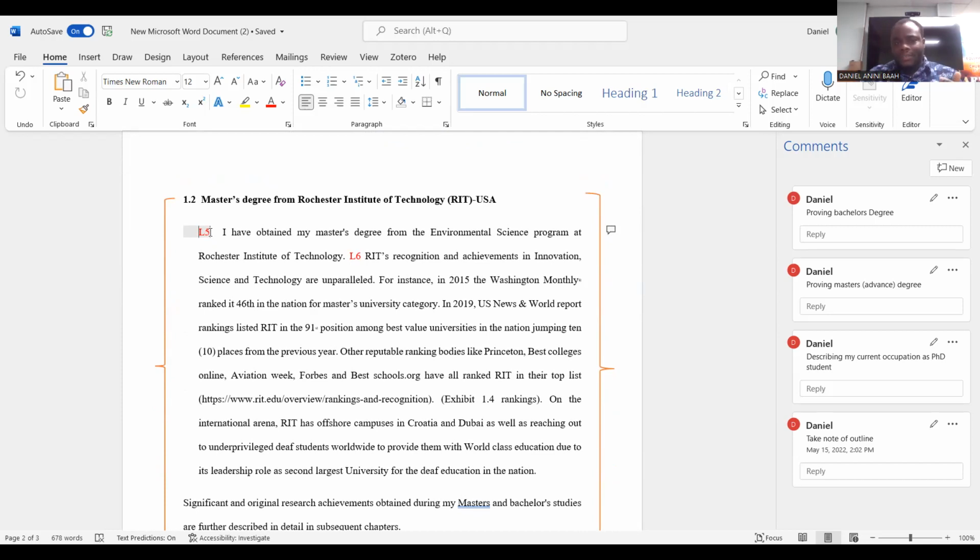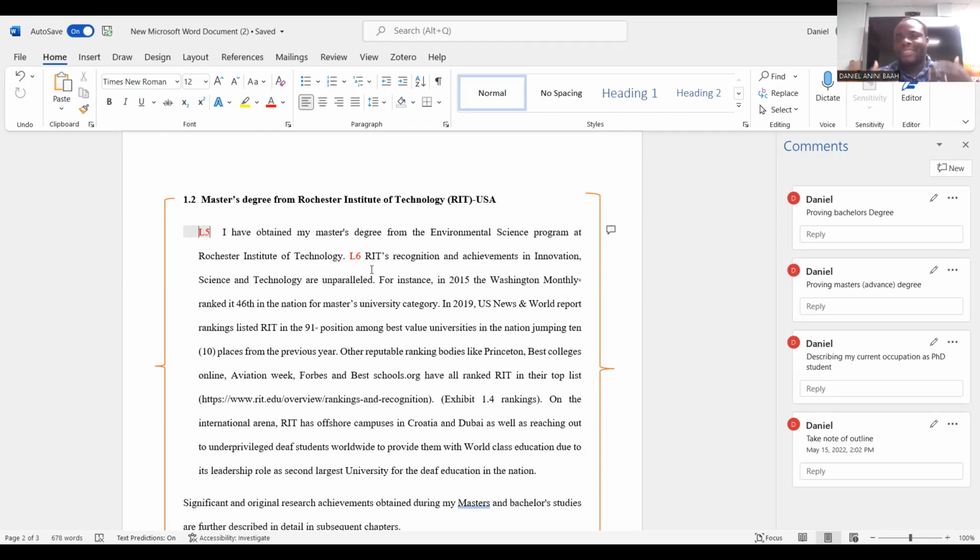RIT's recognition, if you look at line 6 coming, RIT's recognition and achievements in innovation, science and technology are unparalleled. For instance, in 2015, the Washington Monthly ranked it 46th in the nation for Master's University. In 2019, US News and World Report rankings listed RIT in the 91st position among other best universities in the nation, jumping 10 places. So you see how he's selling the universities he attended.